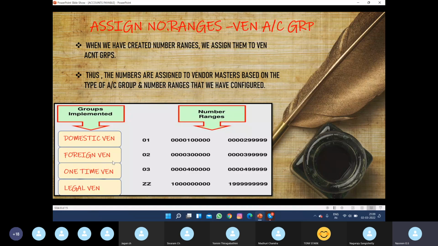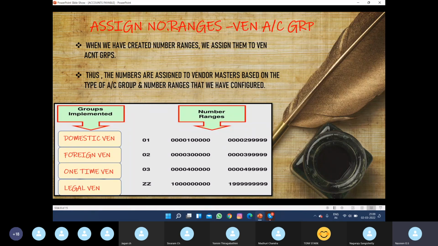And if he is a foreign vendor, then it takes the range of 3 lakhs to 3 lakh 99. And the respective number is assigned to those vendors. So based on the type of vendor and based on the number range allotted, we can give the numbers for those vendors.